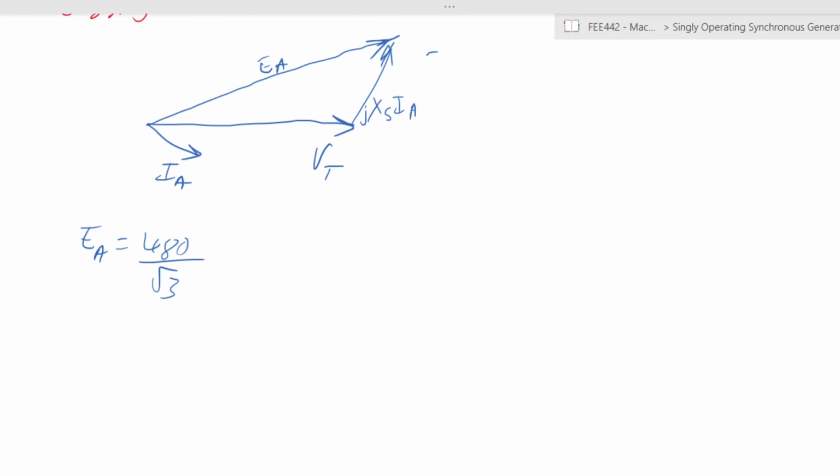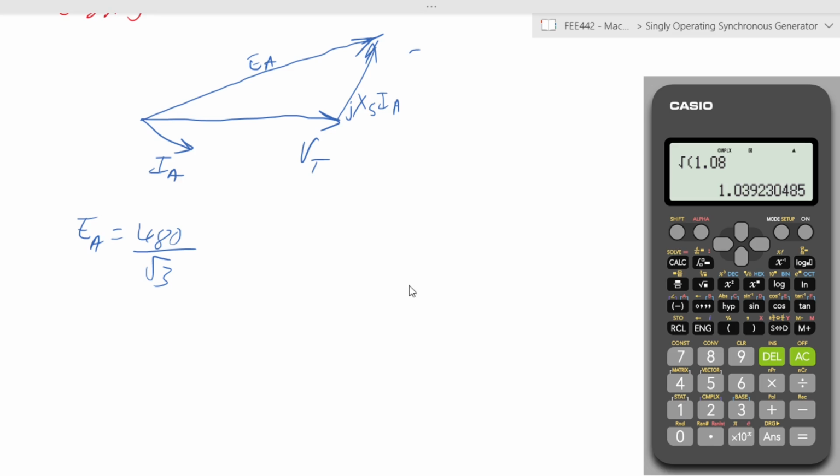Let's bring back the calculator. Okay, so 480 divided by root 3. That gives us 277.13 volts, right? Okay. At an angle to be determined, right?